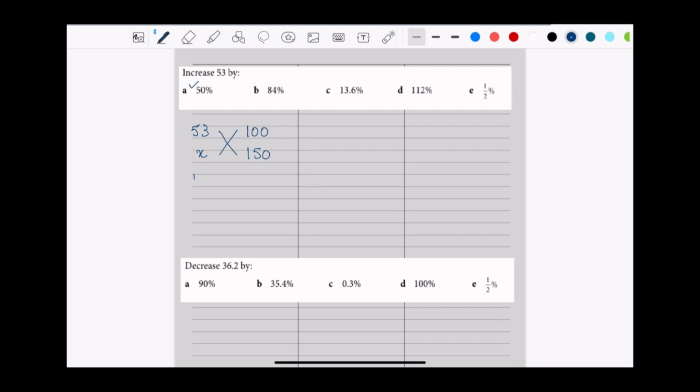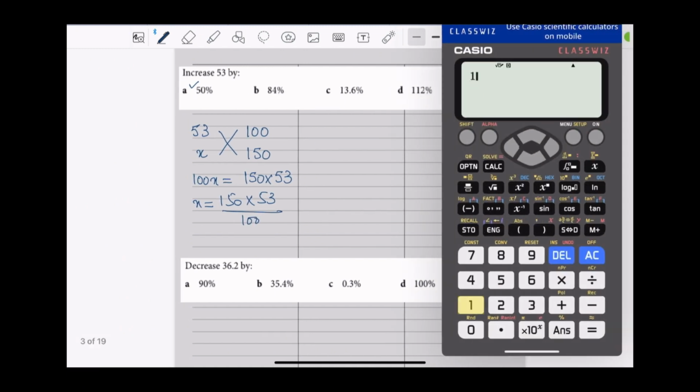So 100x is going to be 150 times 53, and x is equal to 150 times 53 over 100. So x is equal to 79.5 after the increase.